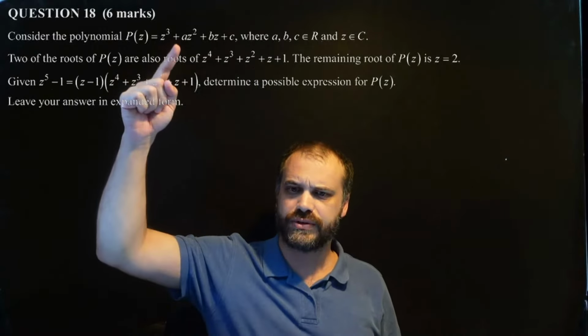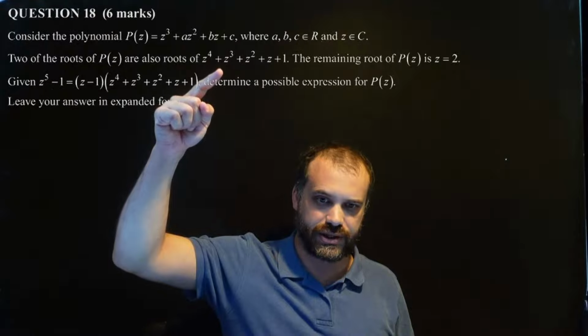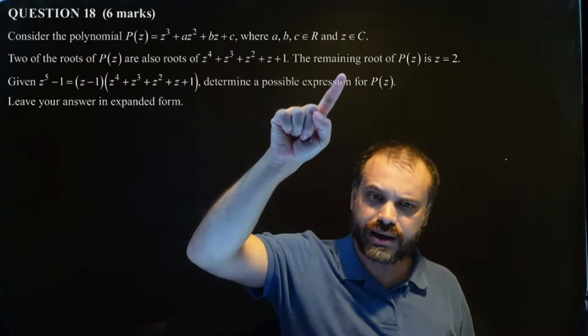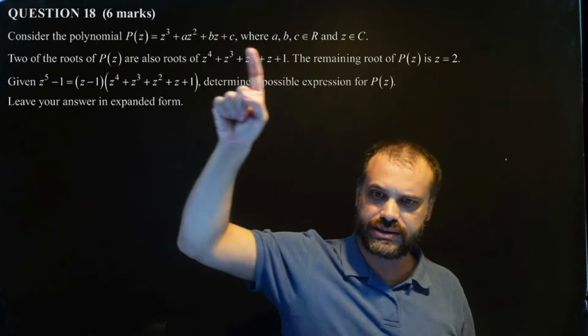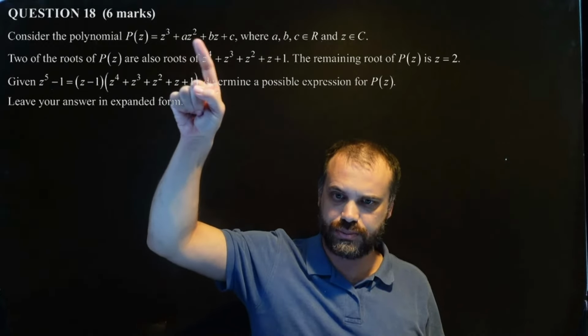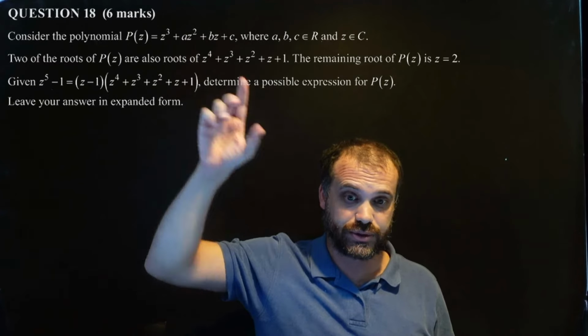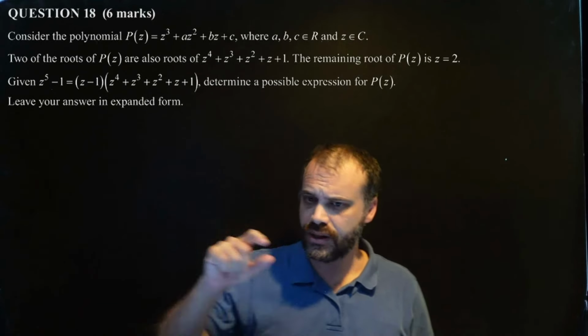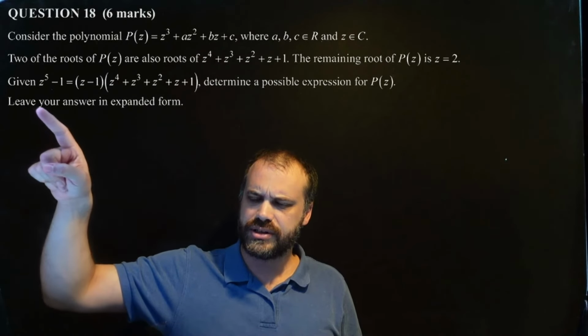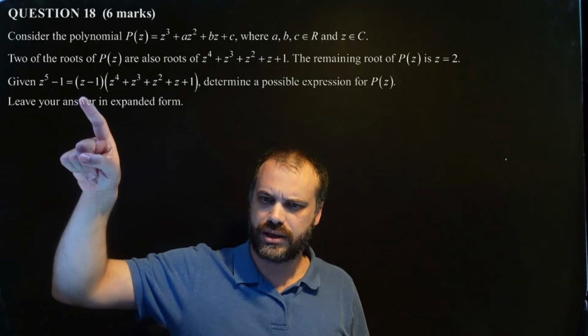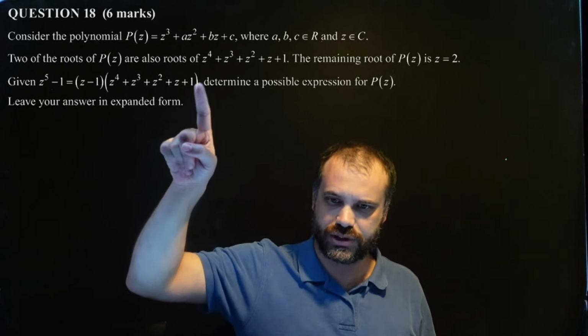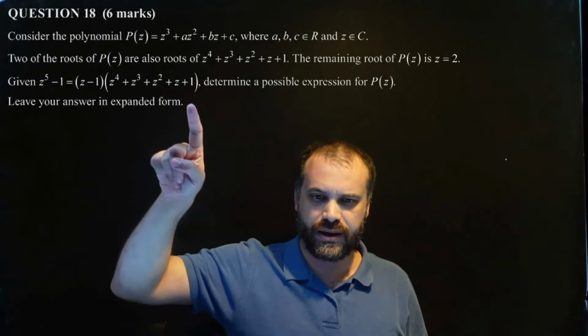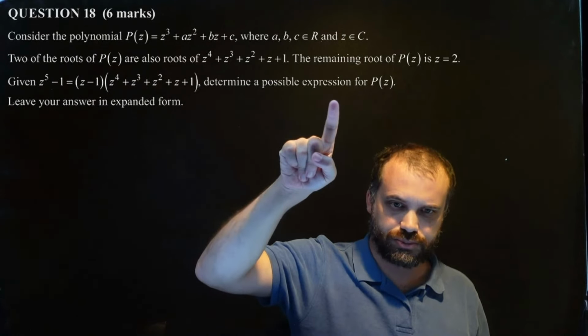If we want to know the roots of this, we'll probably have to find the roots of this. The remaining root of P(z) is z equals 2. So this is P(z), and it does have a root of z equals 2. That's good information. And then we're told, given z to the 5 minus 1 equals z minus 1 and then this quartic, that's the same as this quartic here, determine a possible expression for P(z).